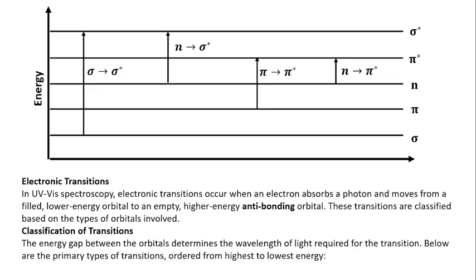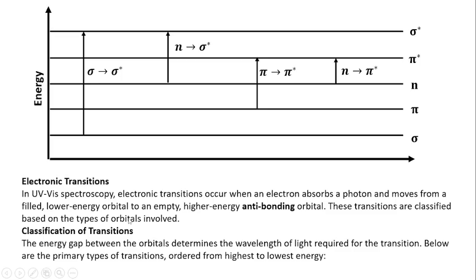So there are a few types of electronic transitions. In UV spectroscopy, electronic transitions occur when an electron absorbs photon energy and moves from a low energy orbital to a high energy orbital. The low energy orbital is filled and the high energy orbital is empty or unfilled, also known as an anti-bonding orbital.